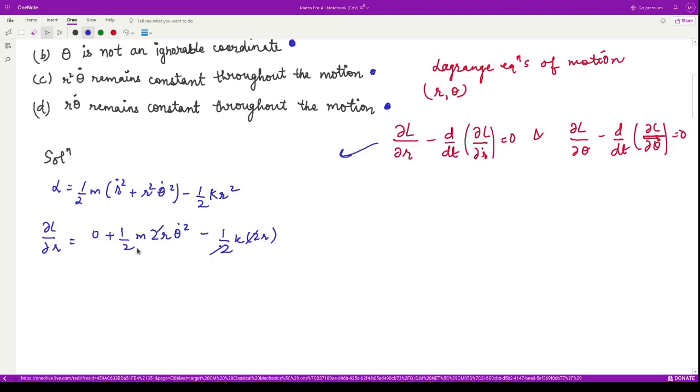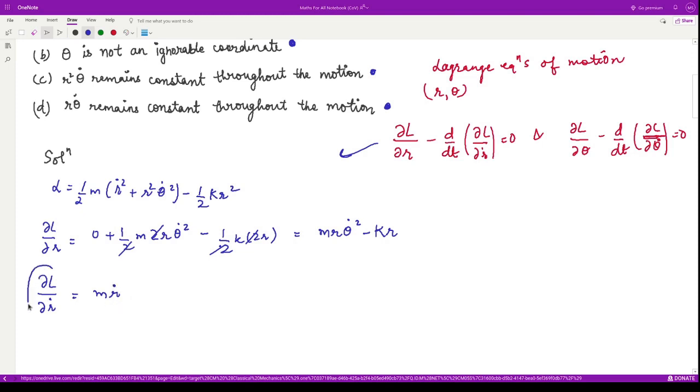We just take the partial derivative, assuming theta dot, theta and r dot to be constants. So this comes out to be m r theta dot square minus kr. Another thing, we calculate the partial derivative of L with respect to r dot, and it would be m r dot.